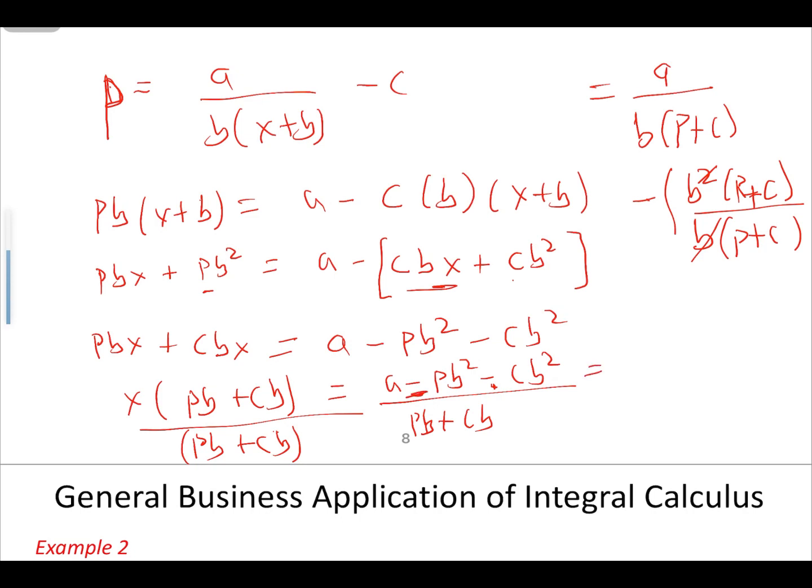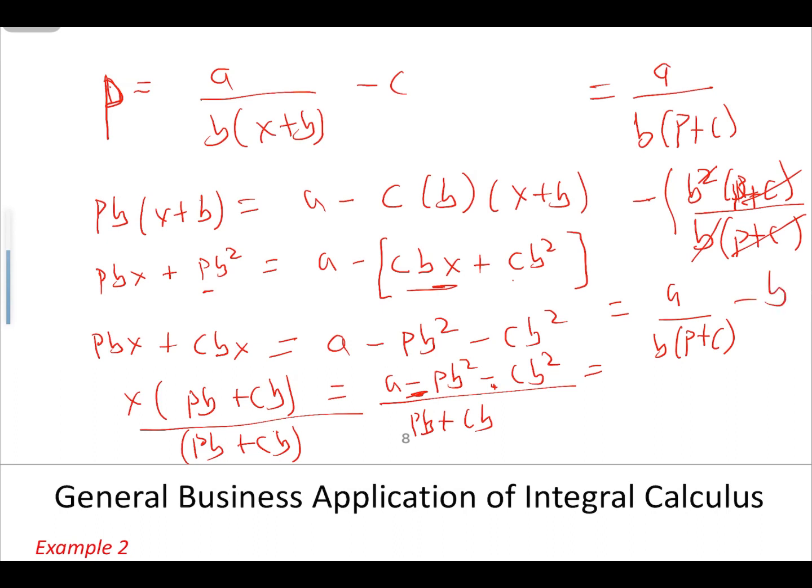So when I factorize negative, I'm going to get negative into brackets PB squared plus CB squared, right? So in this case, since here is P, this one can cancel this one out, and we have only one B here. So at the end of the day, we are going to get something like A into bracket B over P plus C minus what?